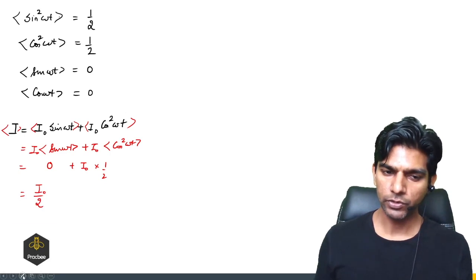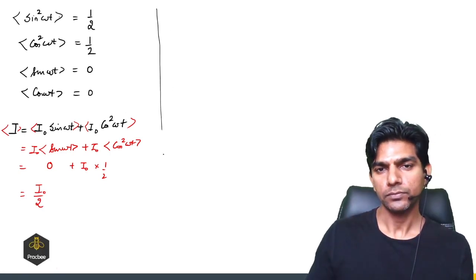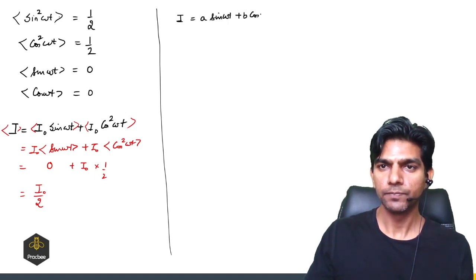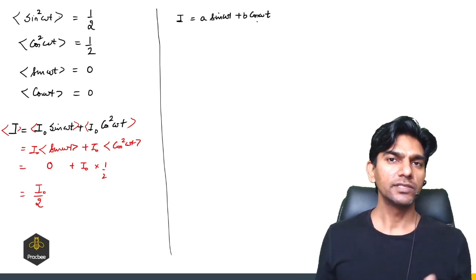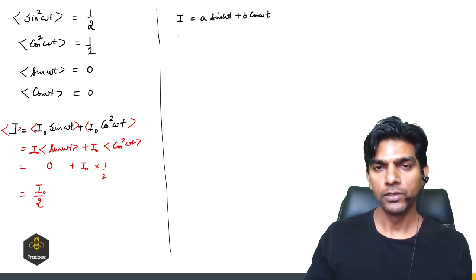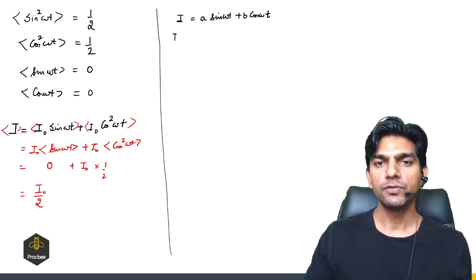Okay, let me give you one more example. If we have I as a sine omega t plus b cos omega t, and we want to find the average value of this function, or let us say we want to find the RMS value. Let us first find the RMS value. To find the RMS value, first we have to square this.